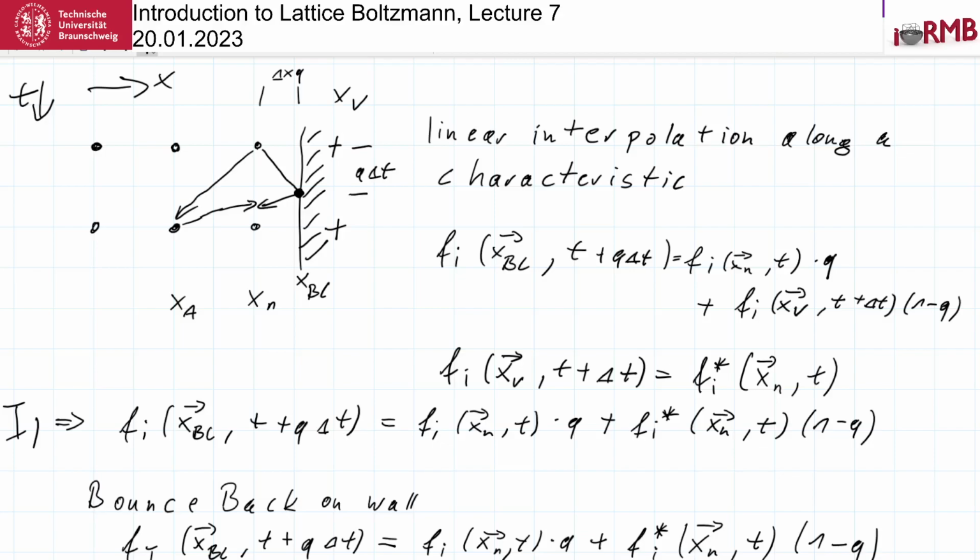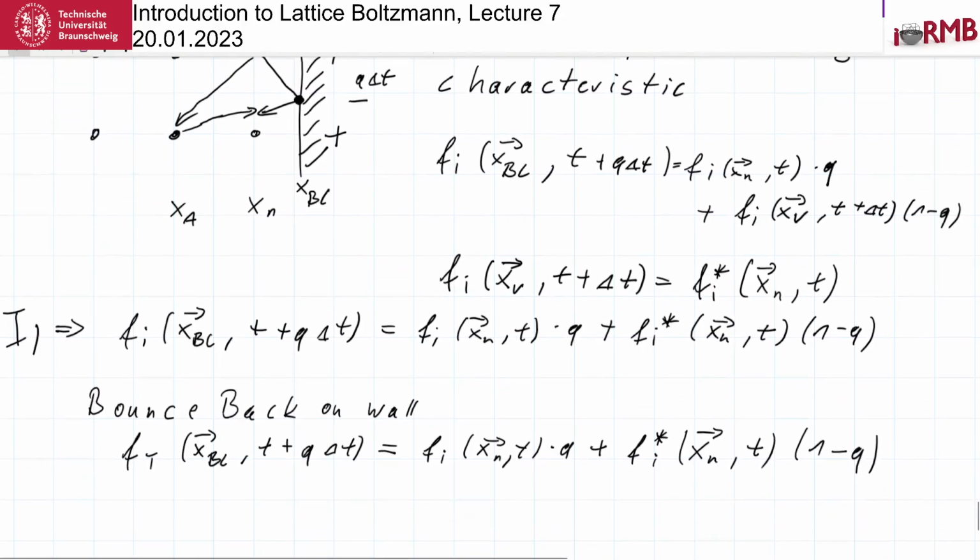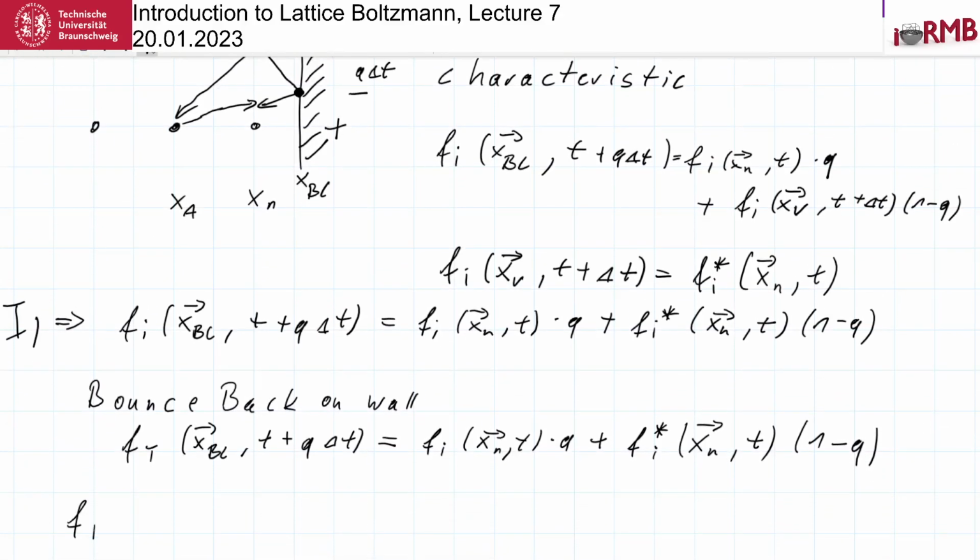So we are looking for the distribution I going the opposite direction, but not on the boundary, but on the node. Yeah?